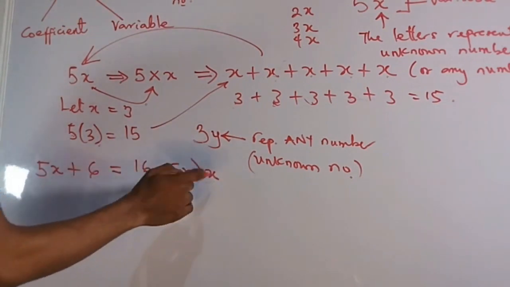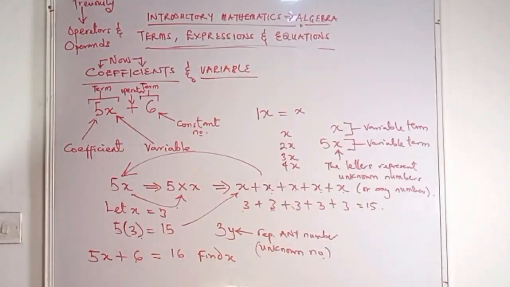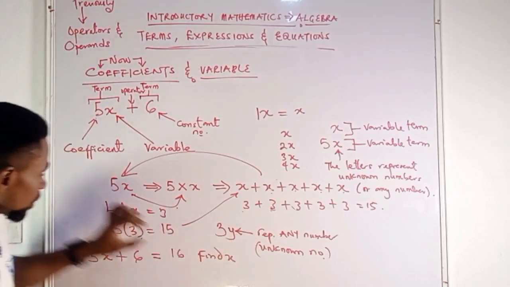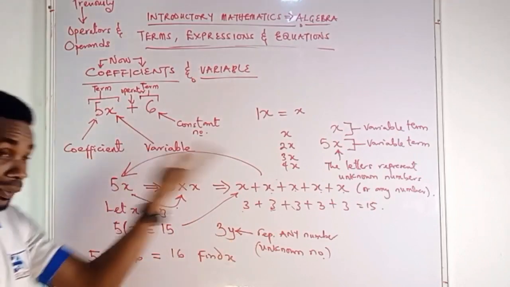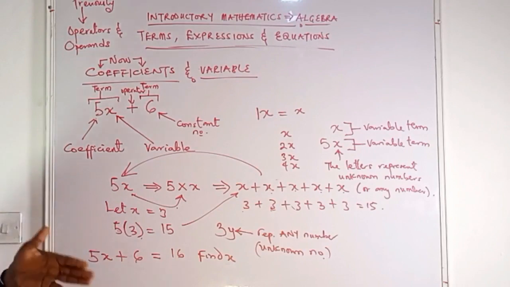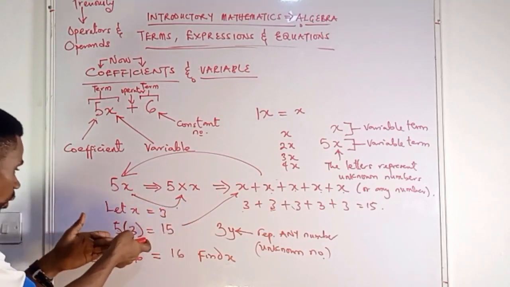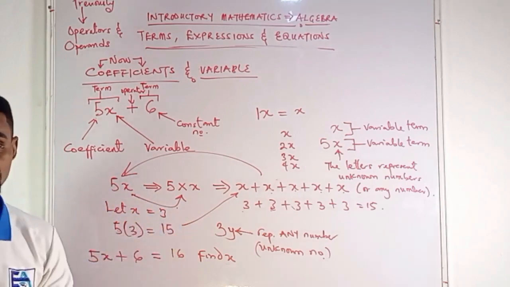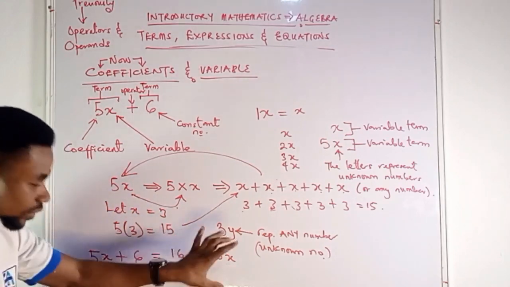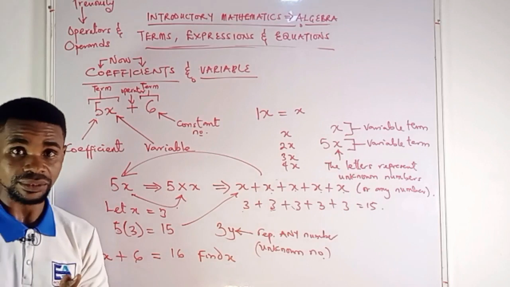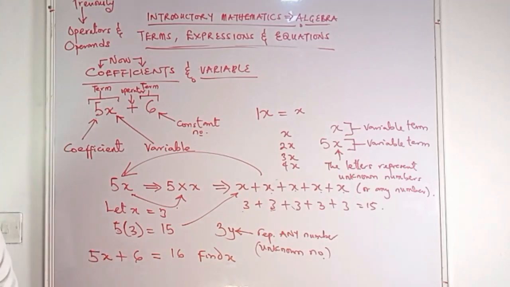At this moment, x is currently unknown. But in the earlier task, I just supplied the value of x, that, okay, let x be 3. Then we slot it in, and we got what we wanted. In this particular case, we don't know what x is, and we want to find out what x is.